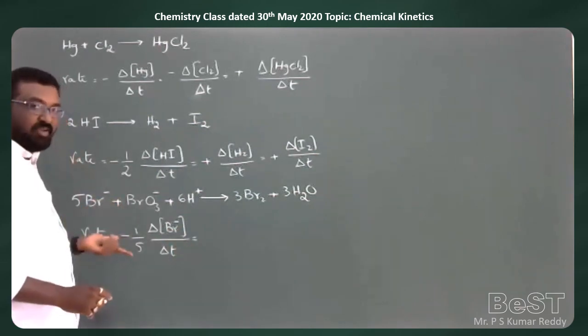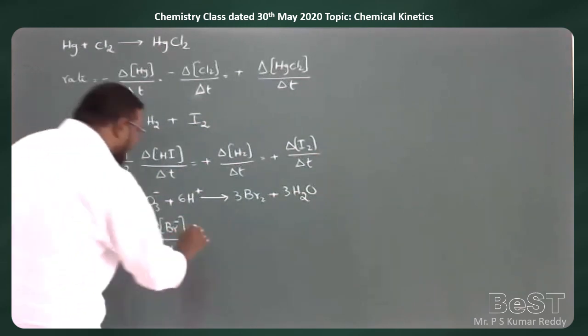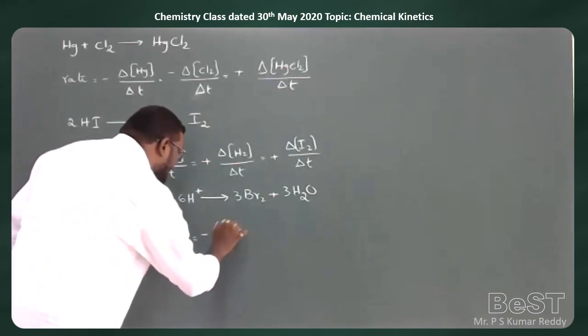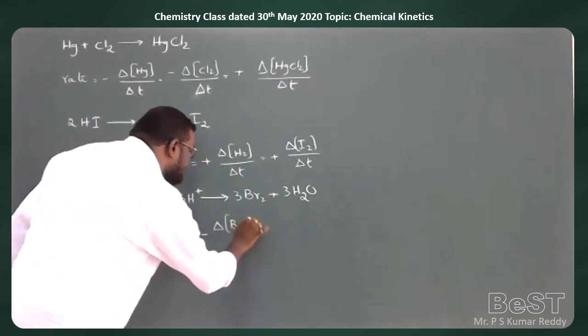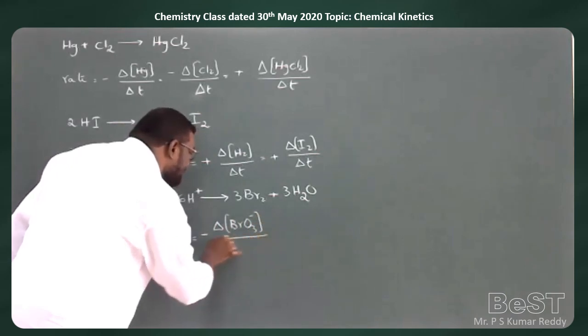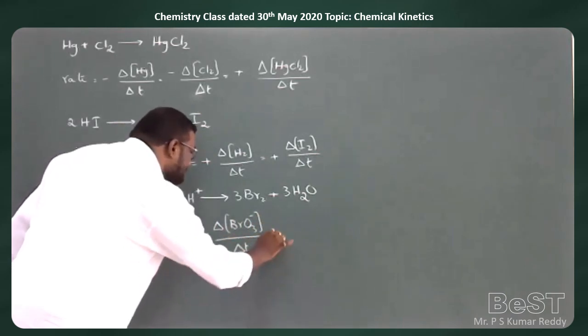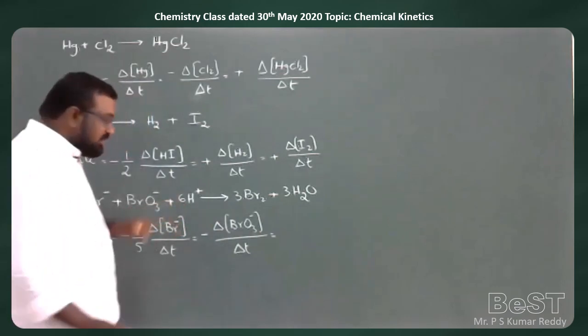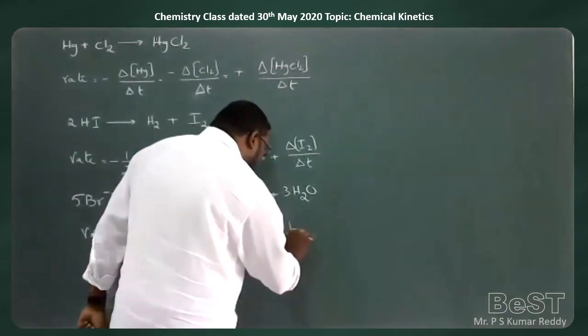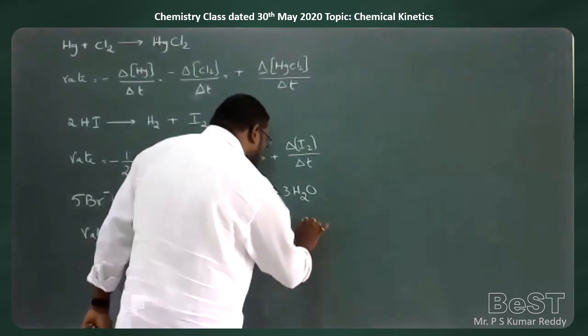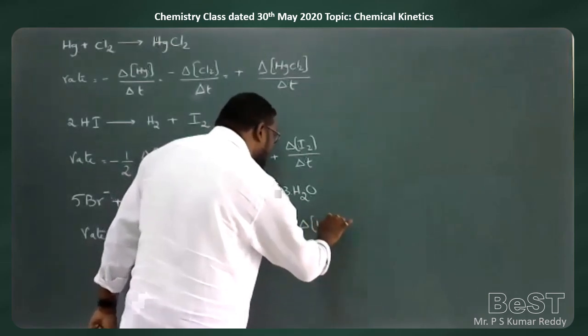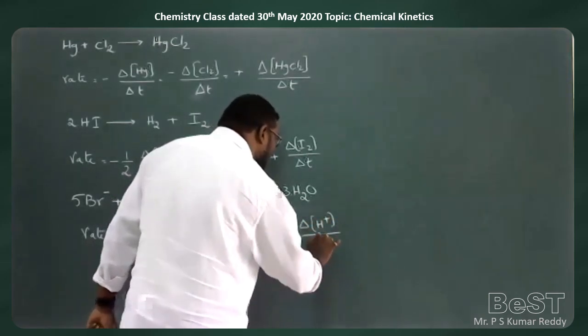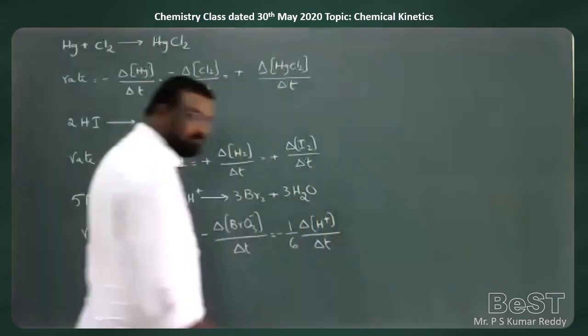That means 1 by 1 will equal 1. So minus delta BrO3 minus by delta T, equal to, here the stoichiometric coefficient is 6. So then minus 1 by 6 change in concentration of H plus ions by time taken.